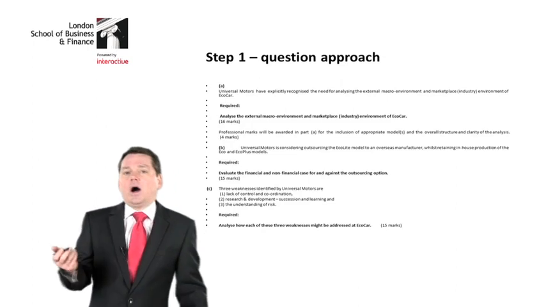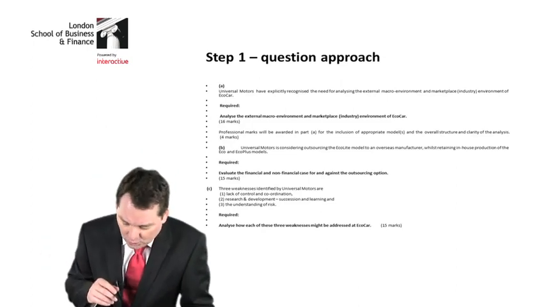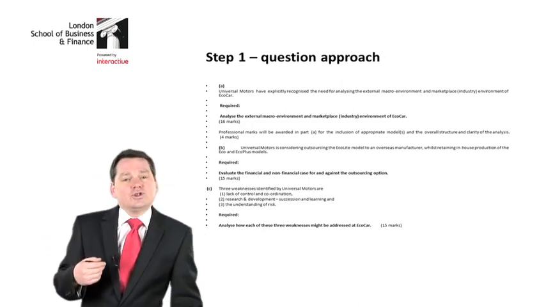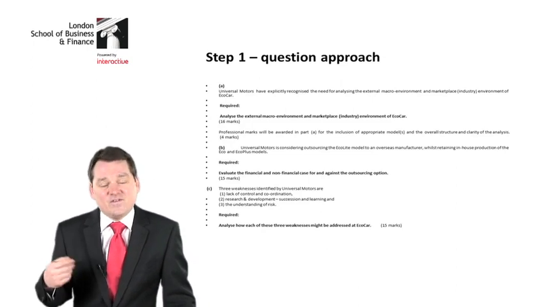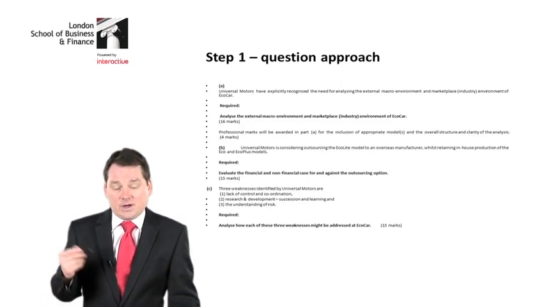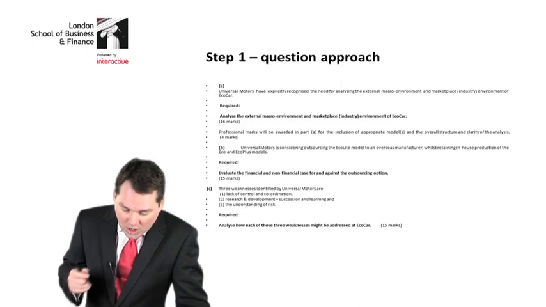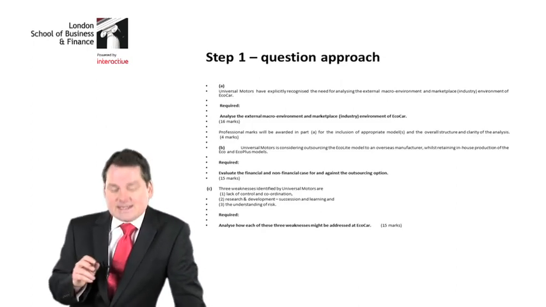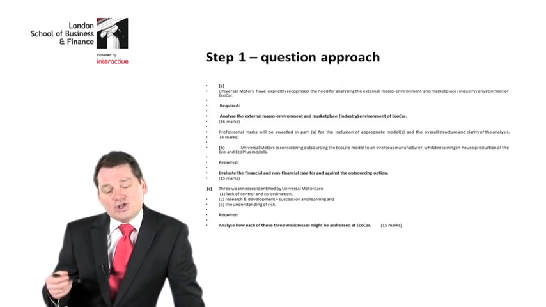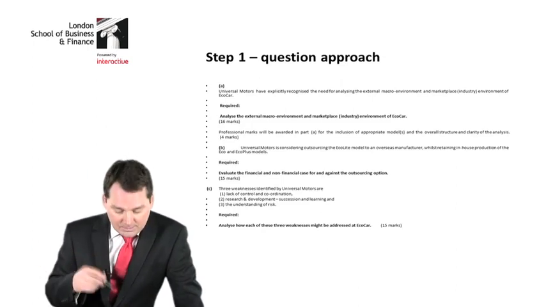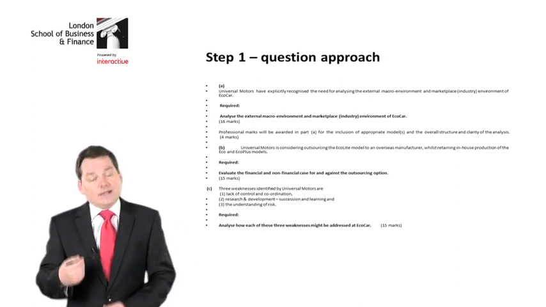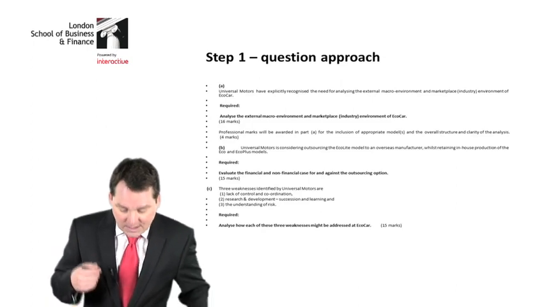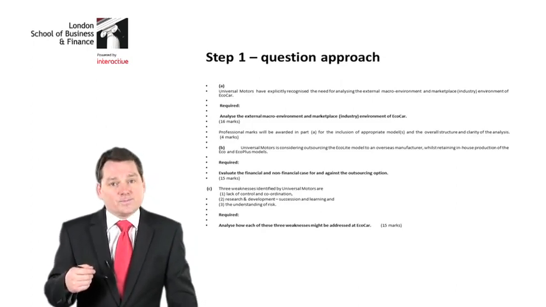So, in part A, we are told that Universal Motors, it turns out that they have purchased a company called EcoCar. They are now the owners of it. They have recognised the need to analyse the external environment. And part A simply says, please would you analyse the external environment.